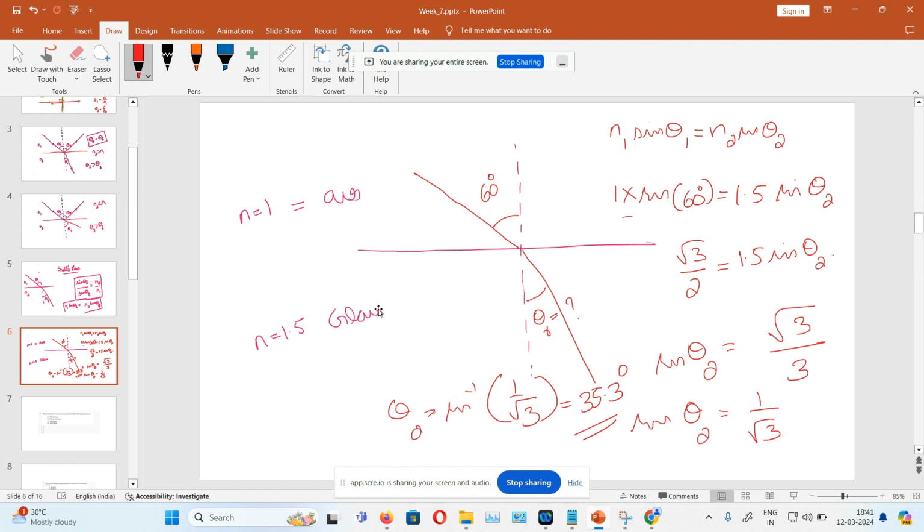Okay, so now we will go towards total internal reflection. We are going to move towards the concept of total internal reflection.